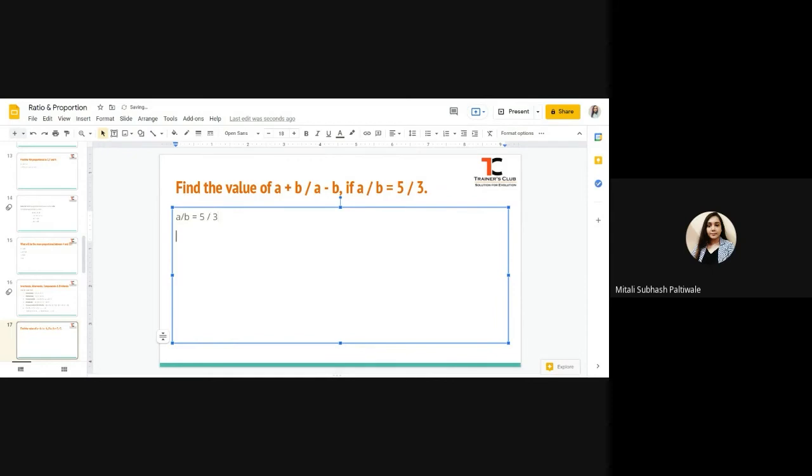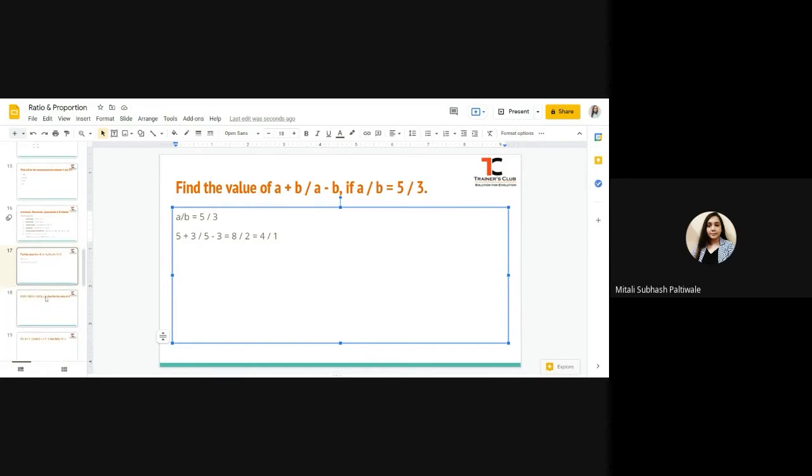So by componendo and dividendo, A plus B by A minus B will be 5 plus 3 by 5 minus 3, which is equal to 8 by 2, which is equal to 4. We can write this as 4 by 1, because we need to get the ratio, the fraction out of it. So 4 by 1. Now let's move to another example.